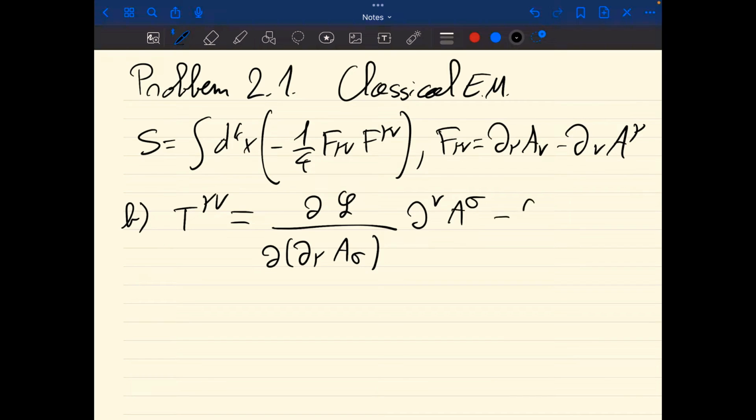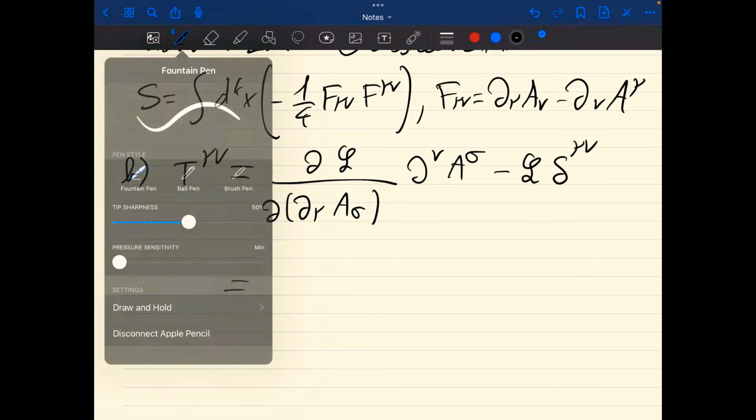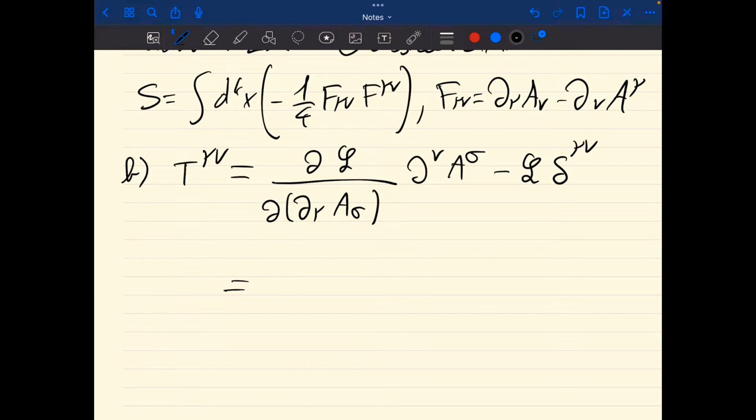minus mu. So this is something we can construct. The first term here, the first derivative, we computed that in the first part of the problem.